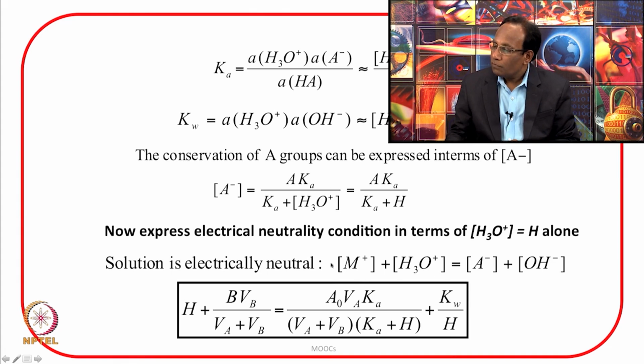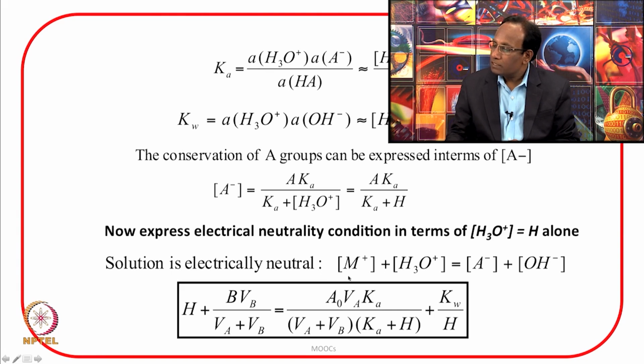We have an expression of M plus, A minus and OH minus. For example, we have A minus here in terms of the acidity constant and hydronium ion concentration.